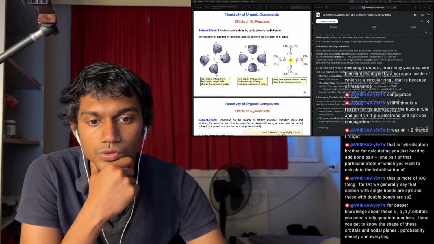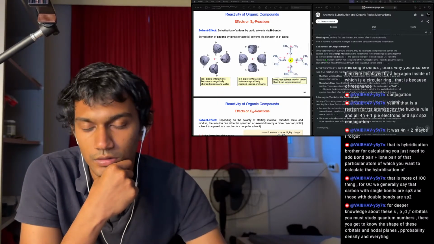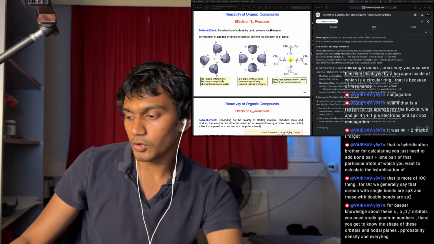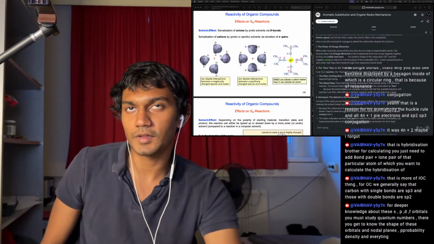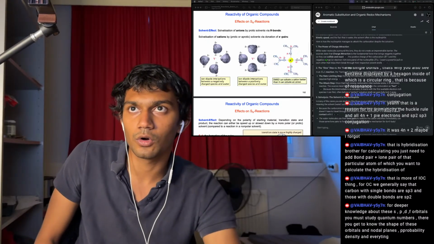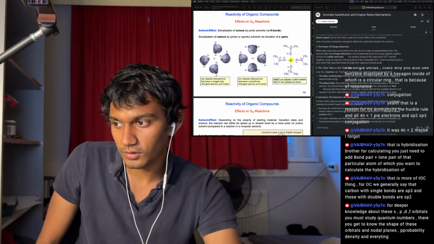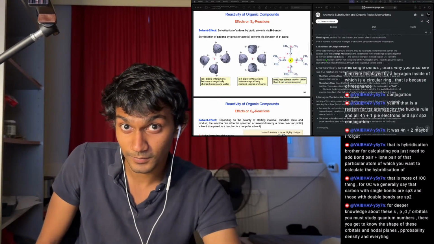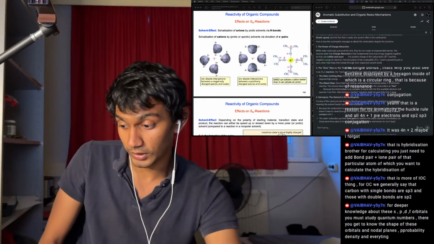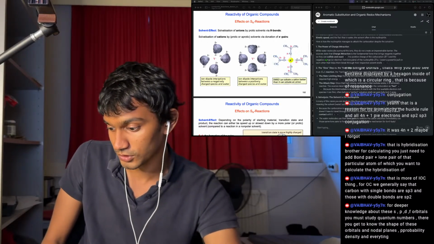There you get to know the shape of these orbitals. Yeah, I remember drawing shapes. I think it's easier to draw orbitals up to d orbital. F is the hard one. I tried drawing the f orbital.